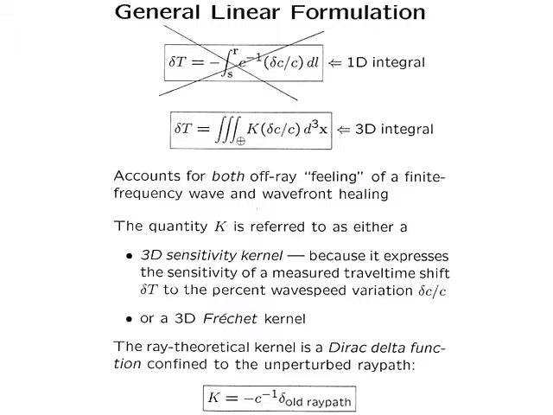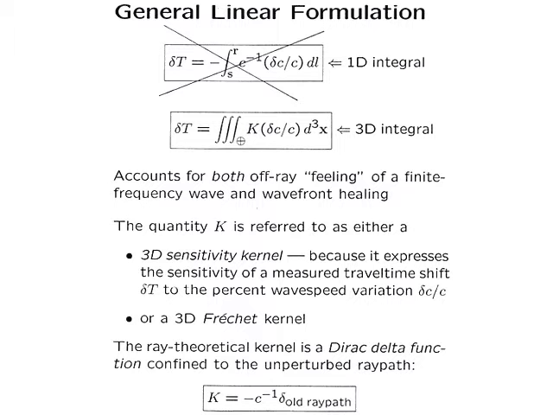So what we have been working on at Princeton for the past few years is to get rid of ray theory, and instead we have been seeking the most general way of representing travel time residual in terms of the three-dimensional structure of the Earth, the most general linear formulation.